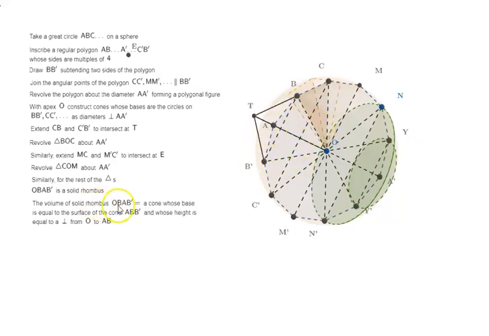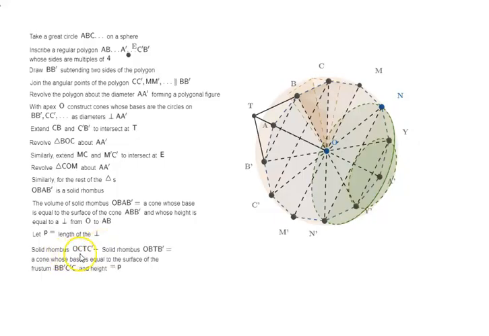The volume of solid rhombus OBAB prime is equal to a cone whose base is equal to the surface of the cone ABB prime and whose height is equal to a perpendicular from O to one of the sides, because all the sides are equal. So the perpendicular distance from AB to O will be the height of the cone. Let P be equal to the length of the perpendicular.